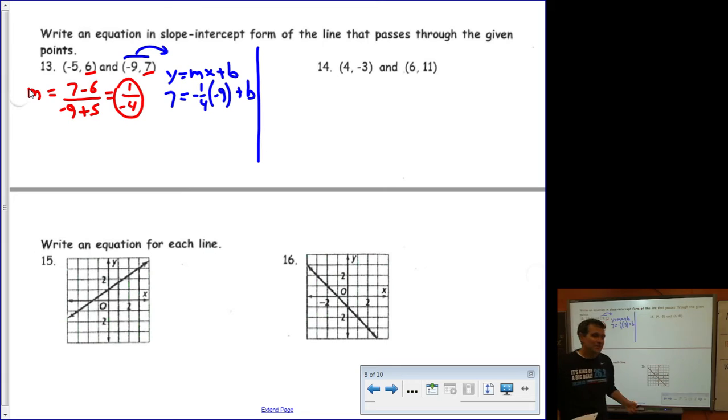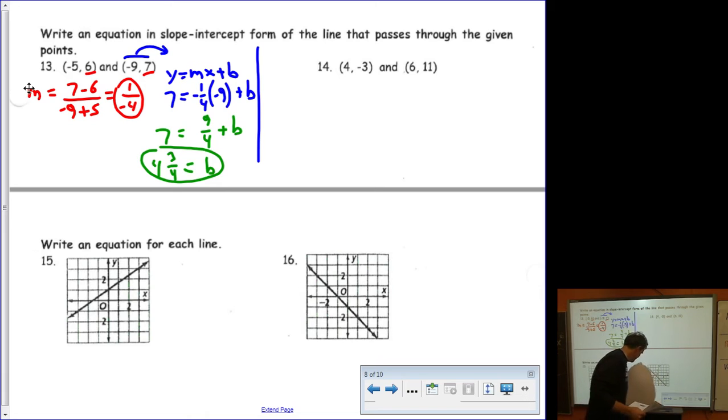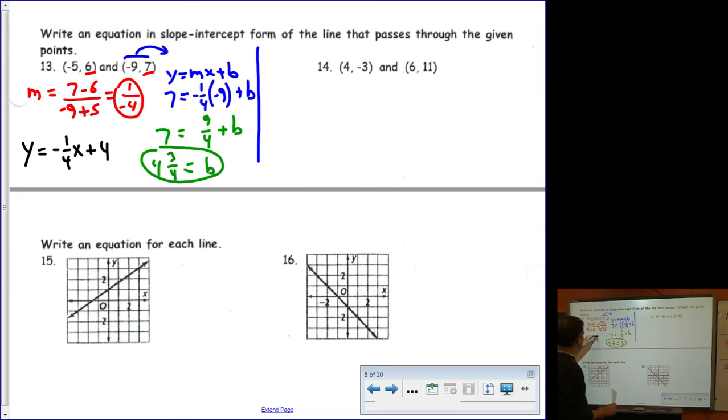And now I can solve this for b. 7 would equal 9/4 plus b. And if I subtract 9/4 from both sides, 7 minus 9/4, that's 2 1/4, would be 4 3/4. Now I know my slope and I know my y-intercept, so I can write my equation. Y equals -1/4 x plus 4 3/4.